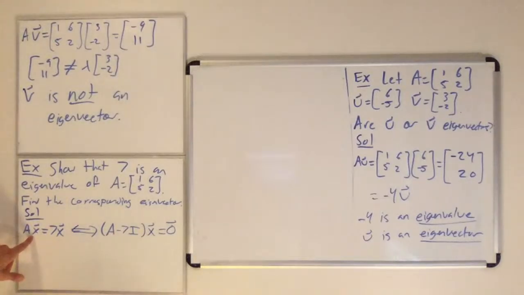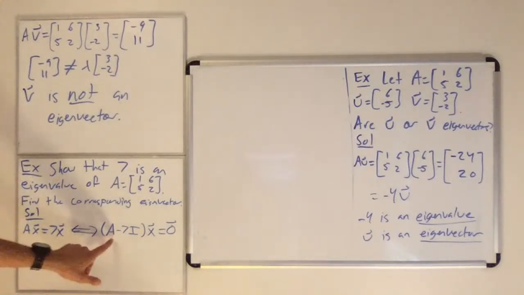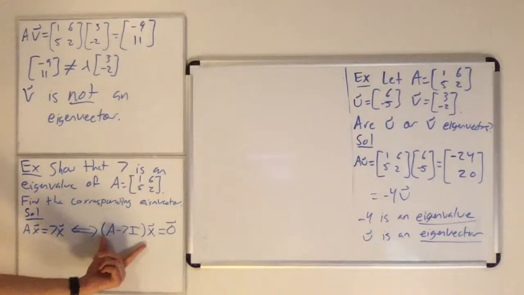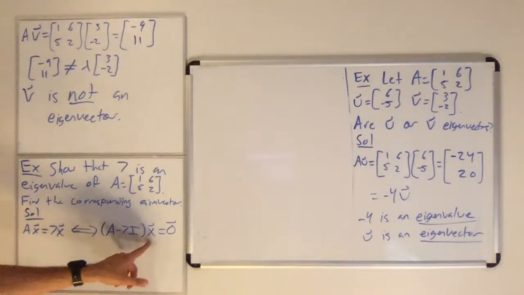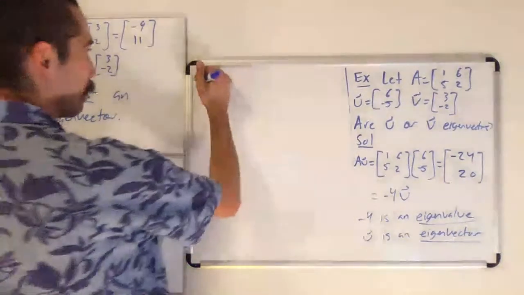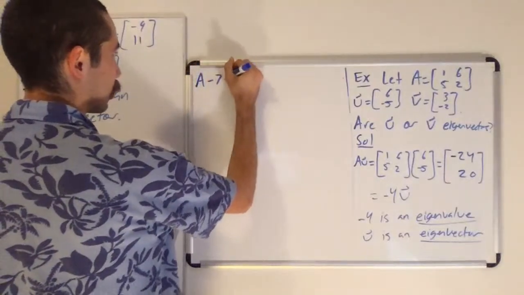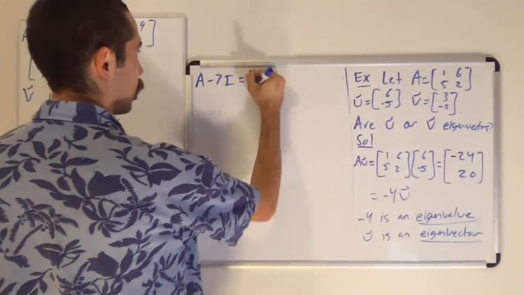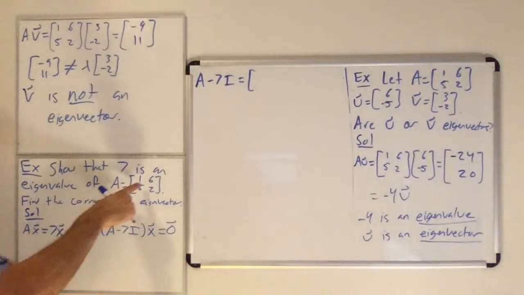So we want to solve AX equals 7x. And I'm saying that's the same as looking at the matrix A minus 7I times x equals 0. So let's look at what A minus 7I is. A was given to us.